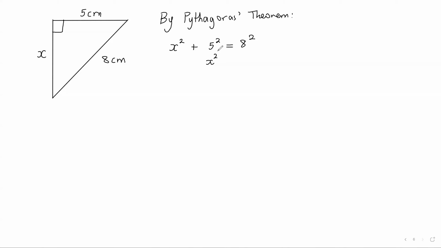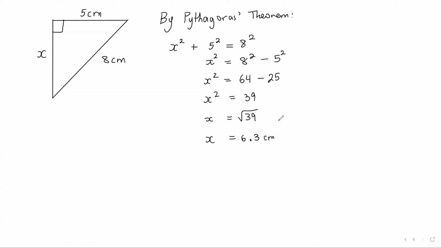So x squared is equal to 8 squared, which is 64, take away 5 squared, which is 25. That gives me 39. So x squared is 39, and therefore x will be the square root of 39, which is 6.3 centimeters to one decimal place.